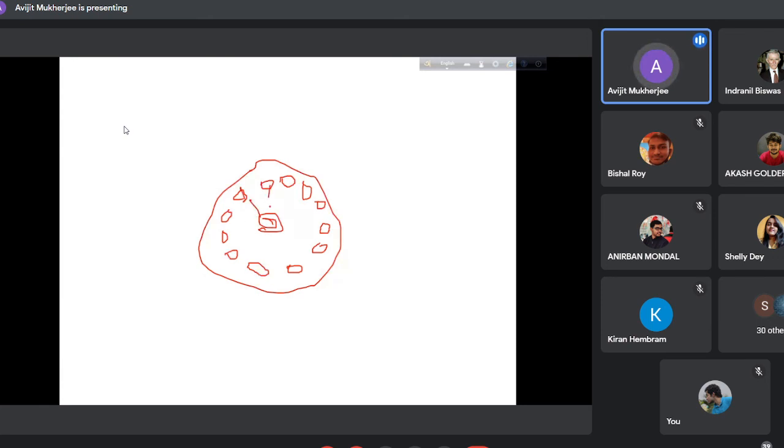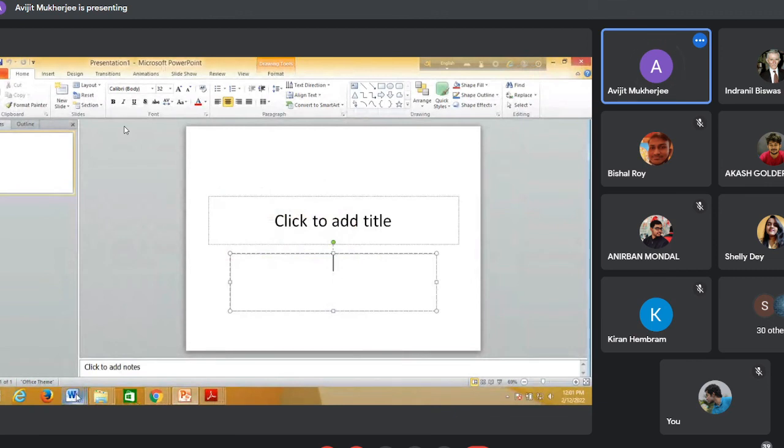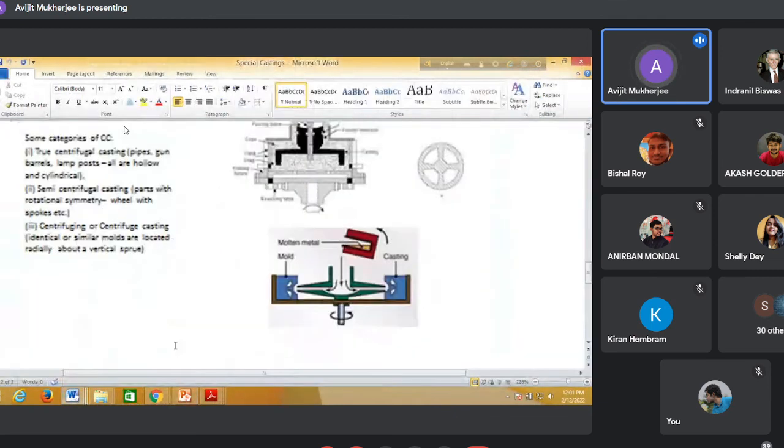So we must have gate all this. So all the cavities will receive metal equally. So this is the concept of centrifuging or centrifuge casting.